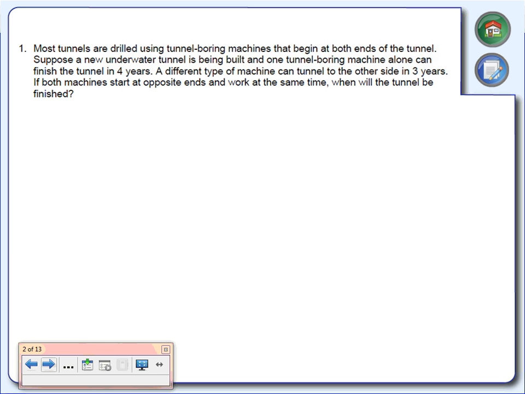All right, so here we go. The first thing I'm going to do is I'm going to let X represent the time that these two machines are working together. X is going to represent how much time it takes for these two machines working together to finish this tunnel.